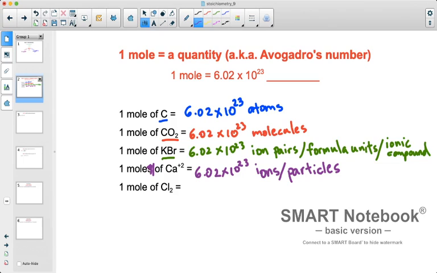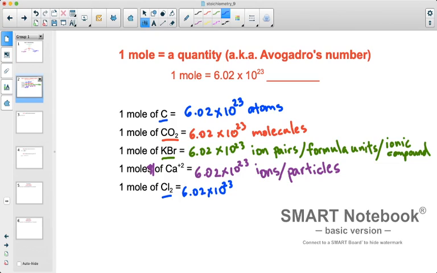Now, the last example that I have for you is a diatomic element. It's different from carbon because carbon is a monatomic element. So the quantity is still going to be 6.02 times 10 to the 23. But you have to be careful. Remember that diatomic elements are still held together by a covalent bond.